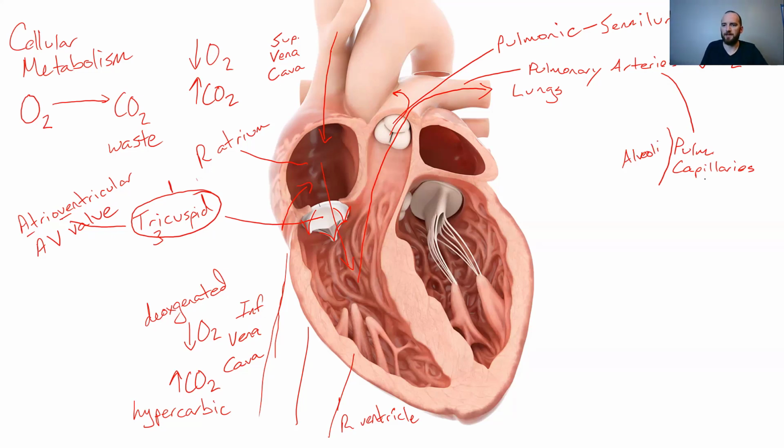And that's where we get the gas exchange to happen. That's the key location, the alveolar capillary membrane. That's where the oxygen that we breathe in goes from the alveoli into the bloodstream.